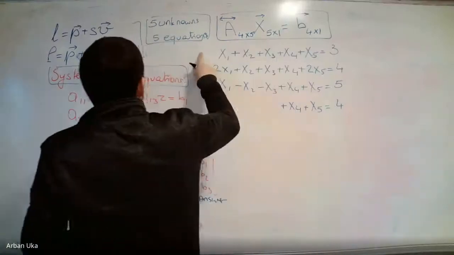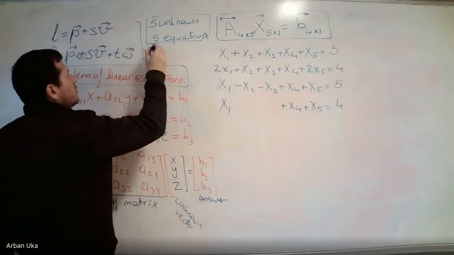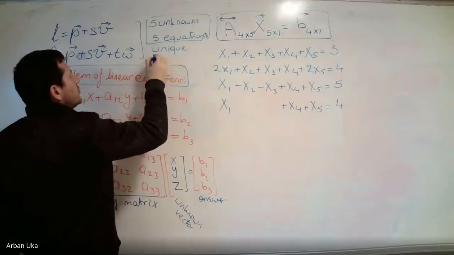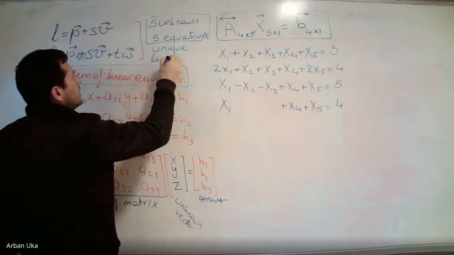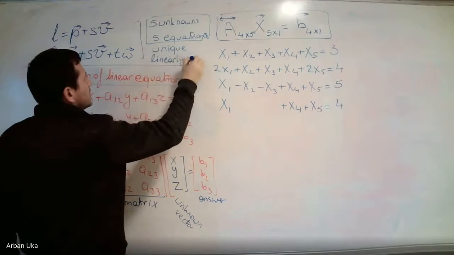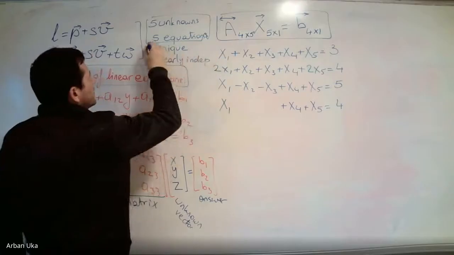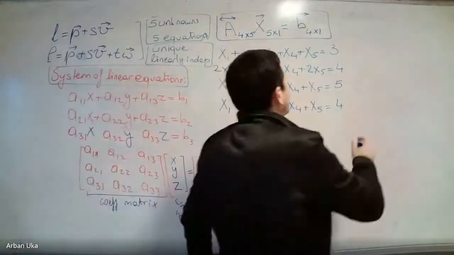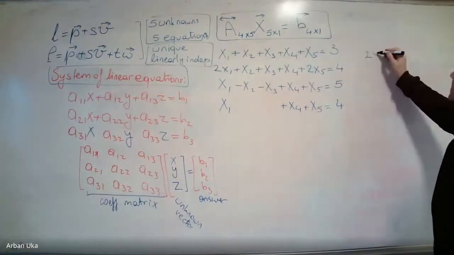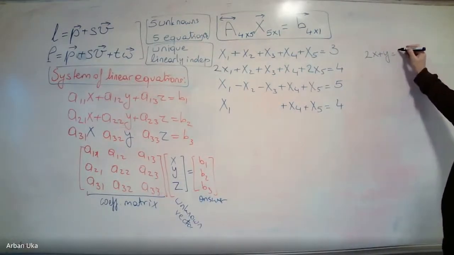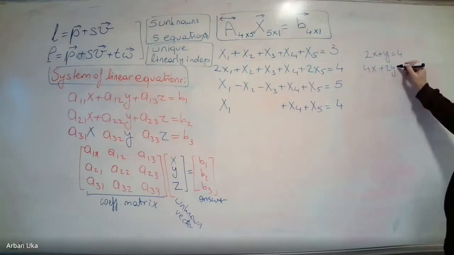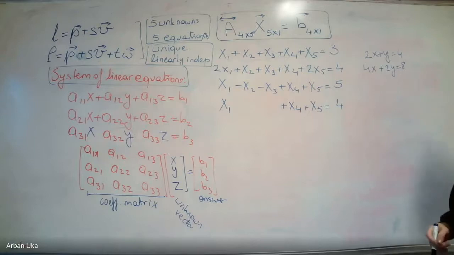Okay, yeah, that's a good word. You are saying unique, or we could also use another term, which is linearly independent. Linearly independent means that we should not have one equation which looks like this. Let's say 2x plus y is equal to 4, and 4x plus 2y is equal to 8. What do you see in these two equations?